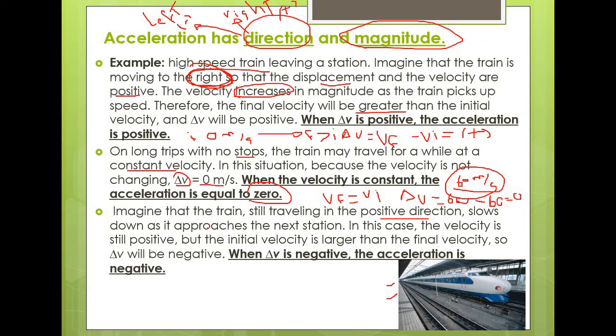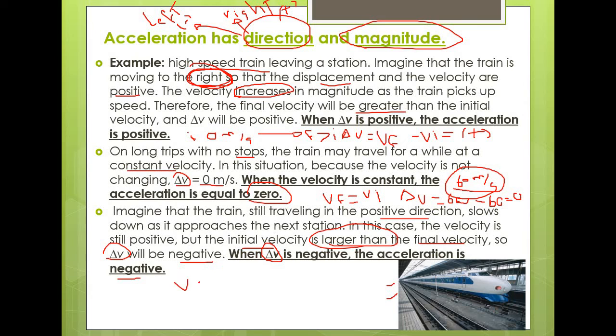In this case, the velocity is still positive, but the initial velocity is larger than the final velocity, so the change in velocity will be negative. When the change in velocity is negative, the acceleration is negative, as this train starts to slow down.